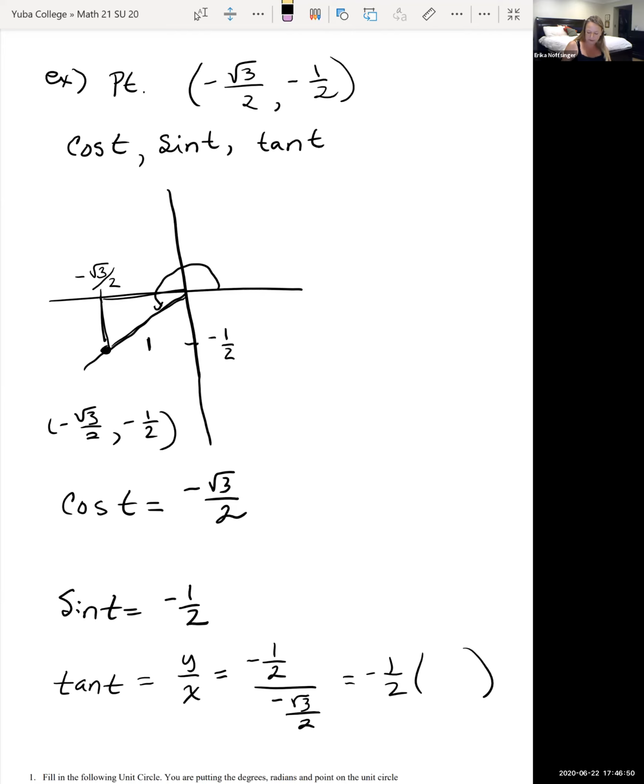Reciprocal is flipping it, which gives me negative 2 over root 3. I notice my 2's cancel in the numerator and denominator. Negative times negative is positive. And so I have 1 over root 3. And we don't like radicals in the denominator, so multiplying this by root 3 over root 3 would get rid of that problem. And so this would be positive root 3 over 3.